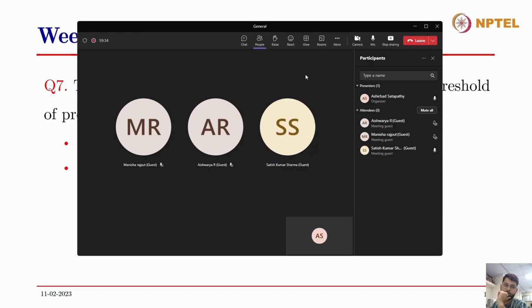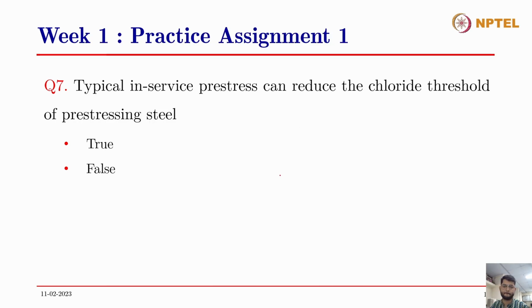True, because under stressed condition, corrosion processes faster. So it is a case of a very high level of stressing. Obviously, at a lesser chloride level, corrosion can be initiated.